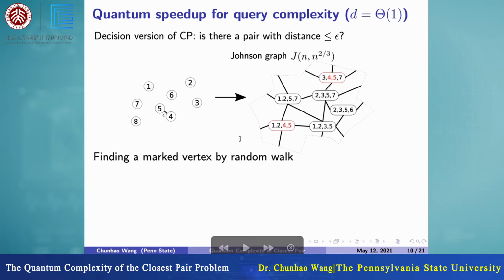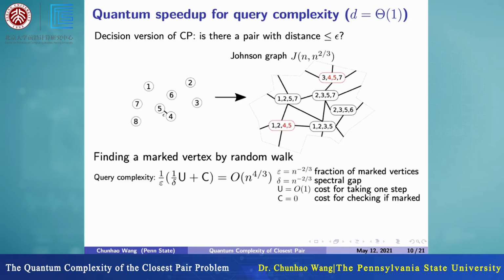And we find the marked vertex by random walk search. So here I give the query complexity. I'm talking about query complexity because I don't care about the implementation now. Later I will talk about the issue of the implementations.